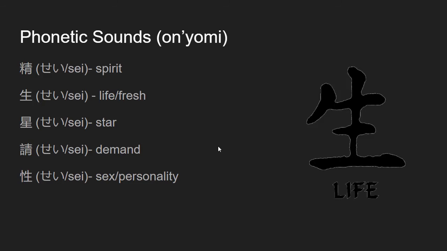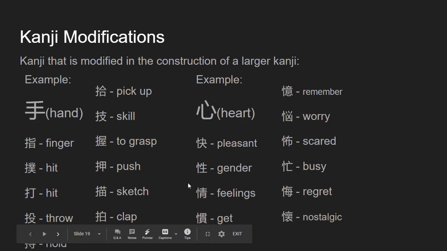So whenever you're using these in conjunction with another kanji to make a whole word, then you will most likely be pronouncing this as se. As I said, there are other readings, but this is a main reading, so it can help. If you see that in a kanji, you might most likely read it as se. So that's something to look out for if you're interested in looking into that when learning kanji.